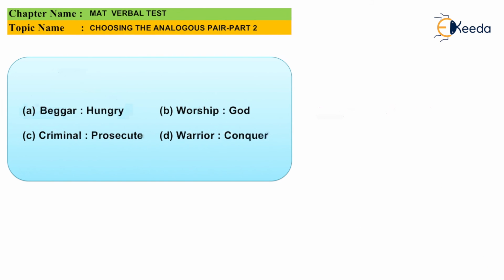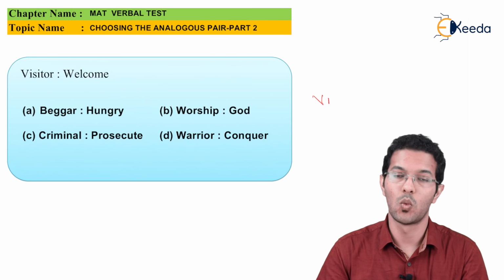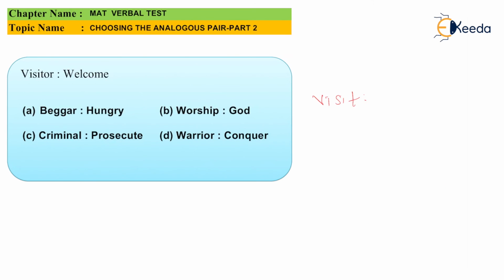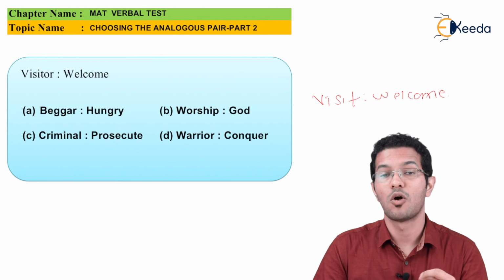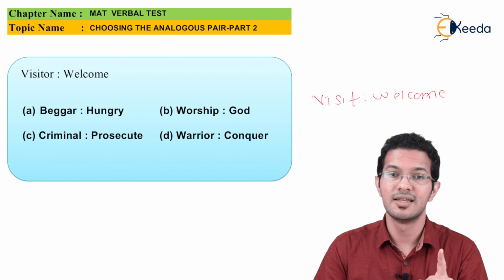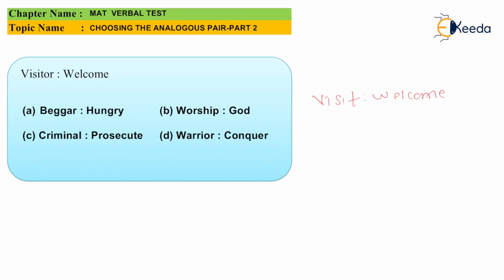Let us see the next MCQ. So, if we see the question, it says that visitor is related to welcome. So, what is the relation? Visitors are always welcome. This is the behavioral change when a visitor comes. So let us see the options.